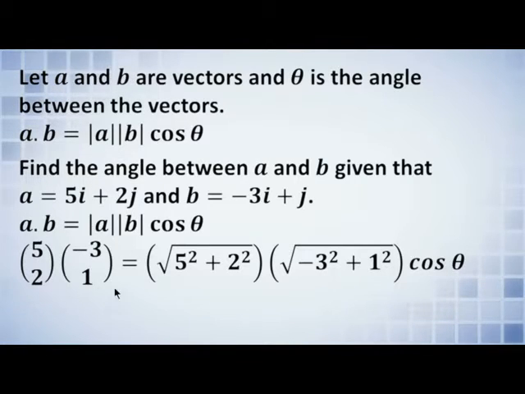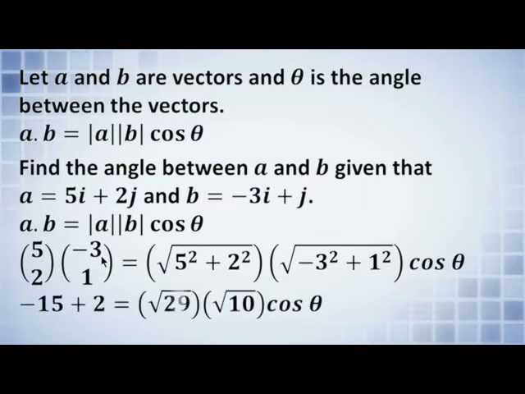We know that this dot product is actually 5 times negative 3, negative 15, plus 2 times 1, which is 2. This is square root of 29 times square root of 10 cosine theta.